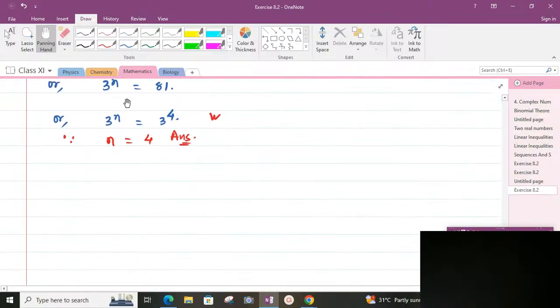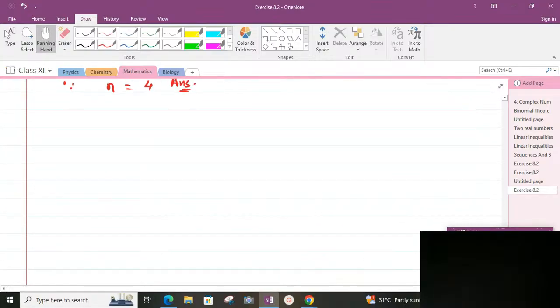This is question number 14. Let's see the solution.